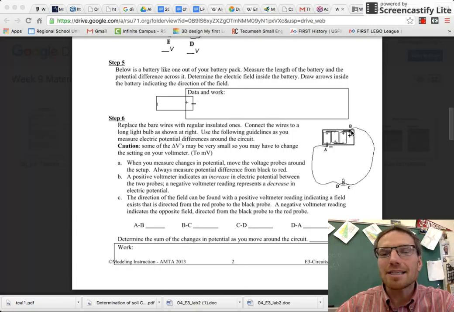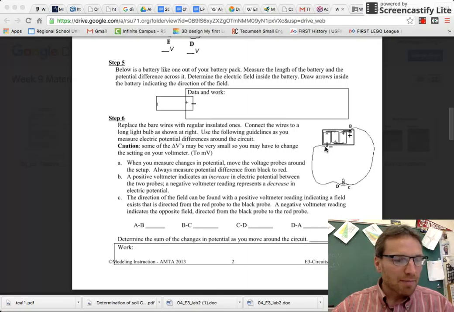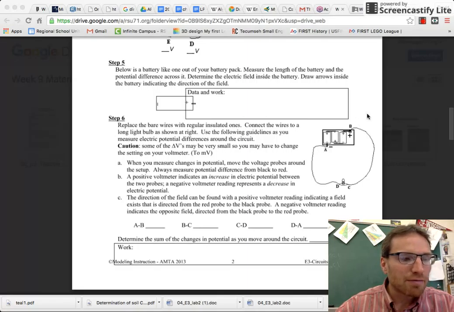suggests, initially I was thinking, okay, and my kids had this discussion with me, and they were thinking that there's more positive charge that piles up from the electric field going from B to A. But that's not the way that works, because the charge doesn't necessarily flow through the battery.